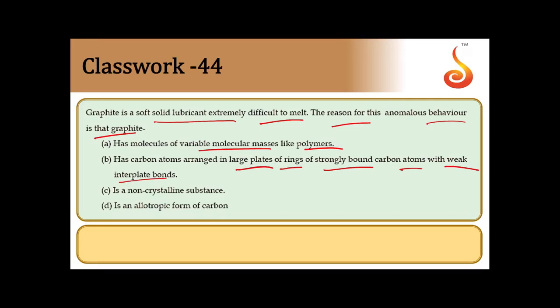Here the carbon-carbon bonds in the hexagonal rings are very strong, but the rings are held by weak interparticulate forces, and thereby it is used as a lubricant now. So the answer is option B.